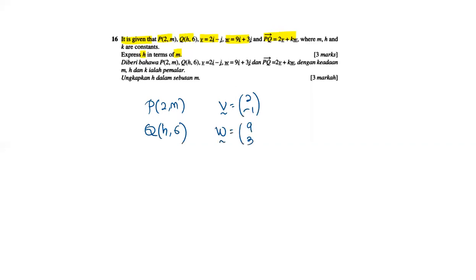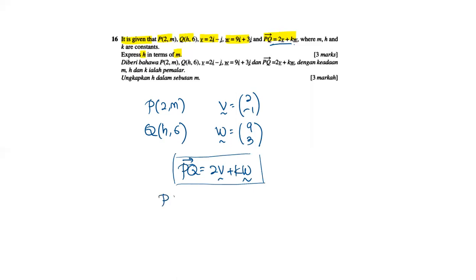I prefer the column method, which is easier to see. And the most important now is this one. They give you vector PQ equals 2V plus KW. So this one will link up everything.